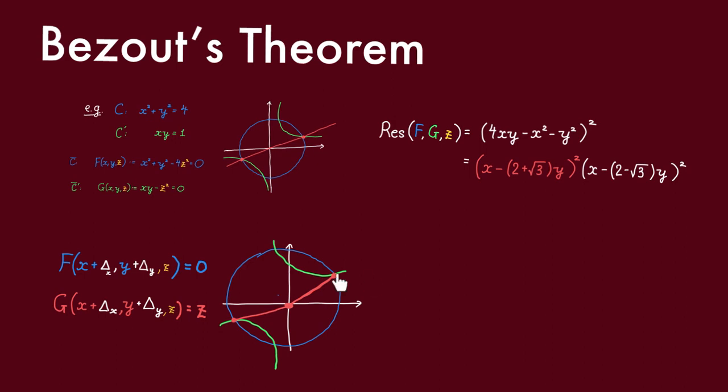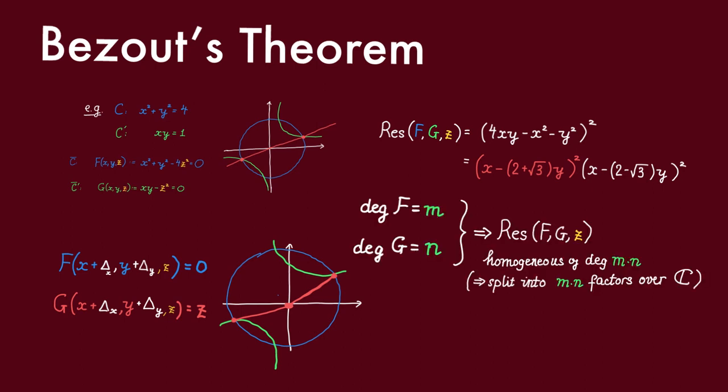And in that case, each point of intersection will correspond to a unique factor in the resultant. So we have a bijection between the factors and the points of intersection. And thus the degree of the resultant must be equal to the number of points of intersection. This roughly proves Bezout's theorem. And sorry, I should have said linear factors instead of factors.